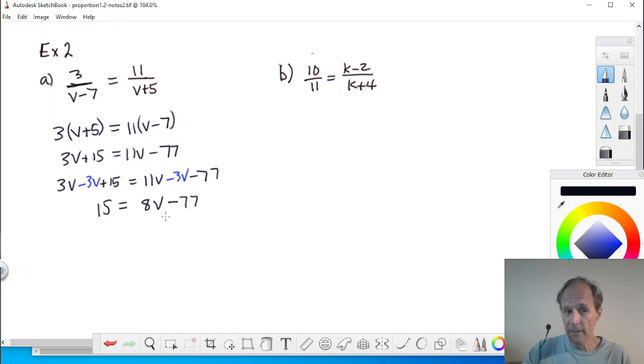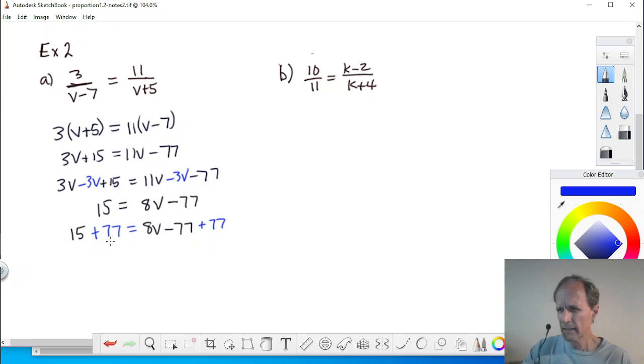Okay, we got to get the v by itself. We're going to add 77 to both sides, right? To get rid of it, on the right, 15v plus 77. Okay. We're going to add 77 to the other side. And so 15 and 77.